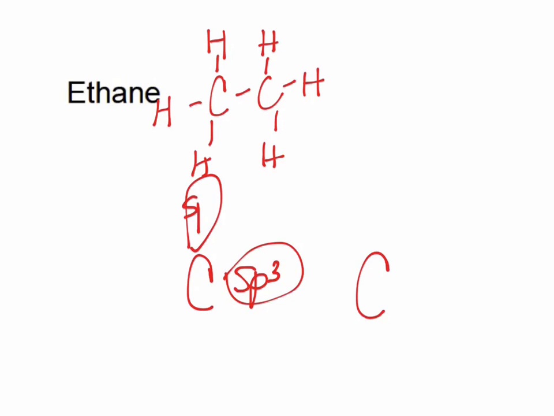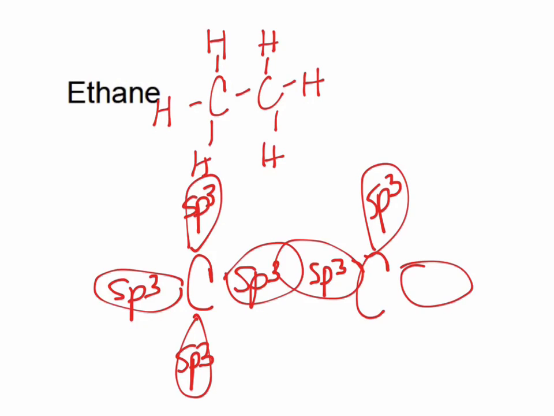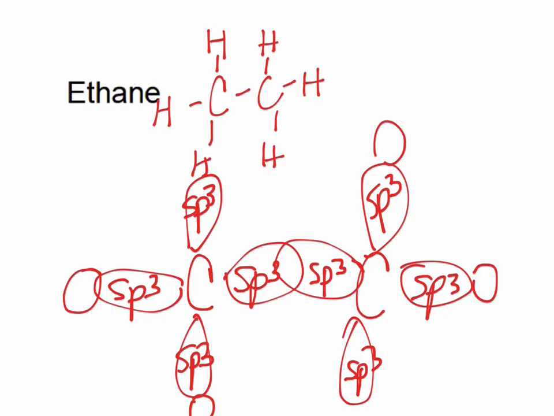We have 4 sp3 orbitals around each C. And then they are all bonded to hydrogens, and that is just going to be an s orbital that bonds it to a hydrogen, each one of those.